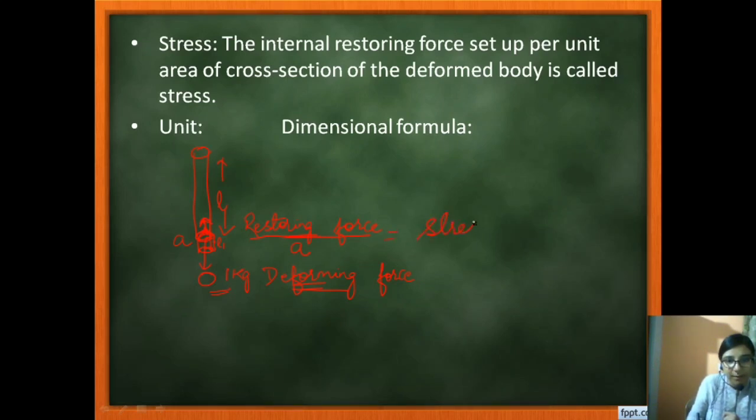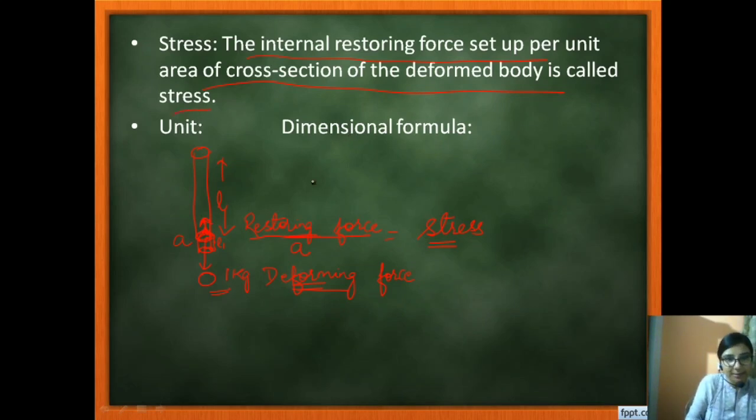So we have introduced one new term, which is called stress, which is nothing but the ratio of the restoring force developed inside the body to the area of cross section. Its definition is: the internal restoring force set up per unit area of cross section of the deformed body is called stress.